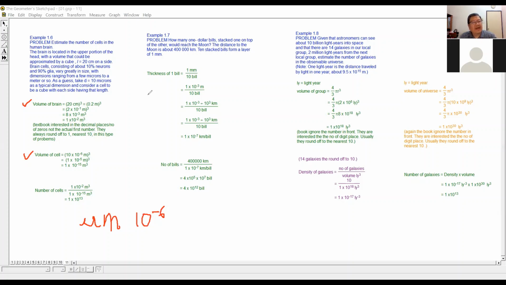Let's say if the volume of the brain is calculated in centimeters and the volume of the cell is calculated in microns, then it is not consistent. When you want to divide or multiply two quantities together, you must make sure that they are consistent. Normally we convert them to SI units. If it's in SI units, then we are quite sure that they are consistent. Otherwise, we don't know what unit is consistent with which unit.